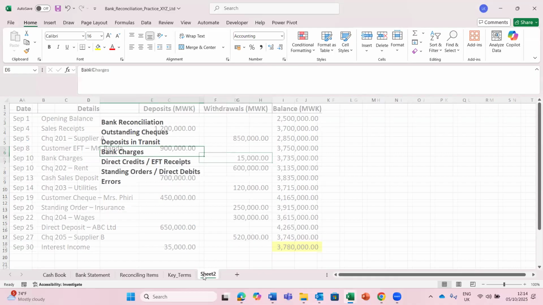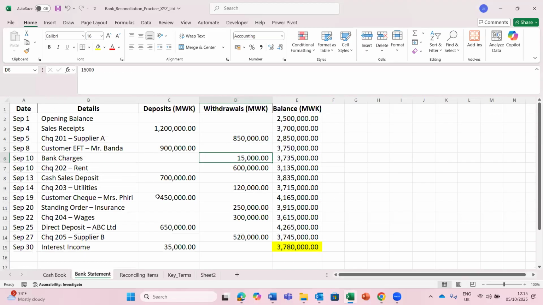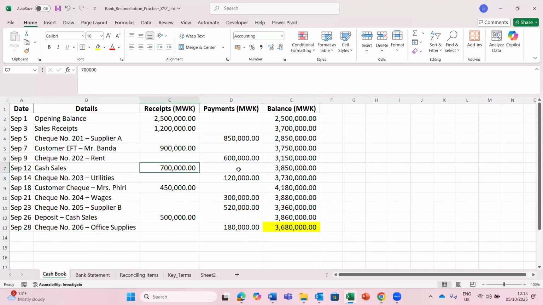The other reason is direct credits or EFT receipts. Suppose your customers pay direct to your bank account, but you are not aware of that. What happens is that your statement will show a deposit, but your cash book will not show any entry because you are not aware of that.